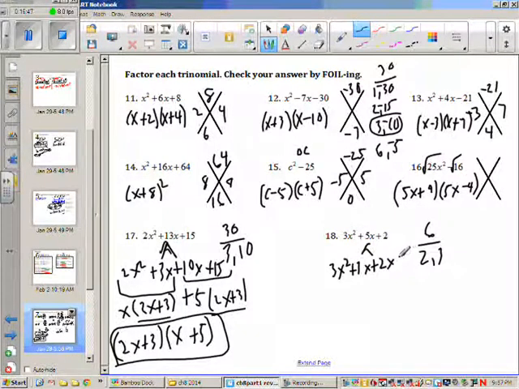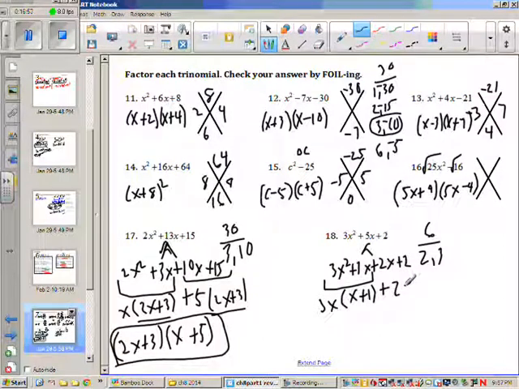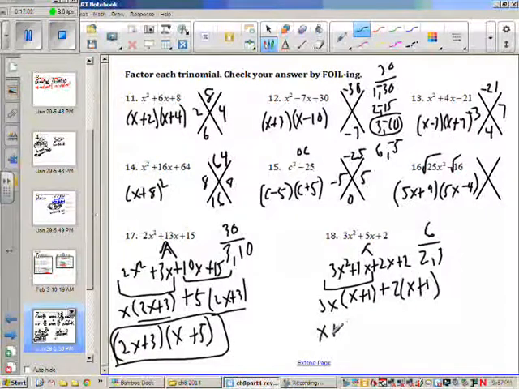It wouldn't matter if I put 2x plus 3x. In some ways this one's easier. I can pull out a 3x, leaving x plus 1. Bring down the plus. Factor out a 2, leaving x plus 1. Looks like I have an x plus 1 for a common binomial, leaving 3x plus 2. And if you FOIL that out, you get our trinomial.